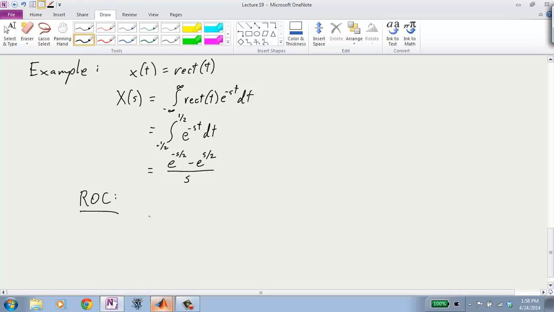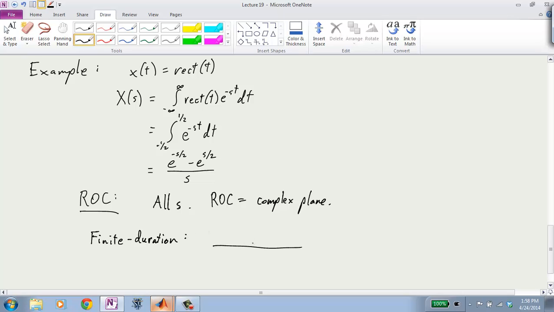Whenever you have a finite duration, all s are in the region of convergence. The ROC equals the complex plane. This is always going to be true because rect is a finite duration signal.